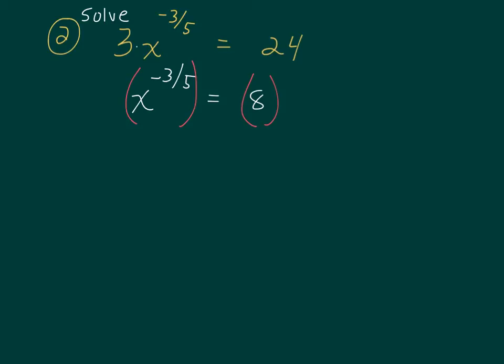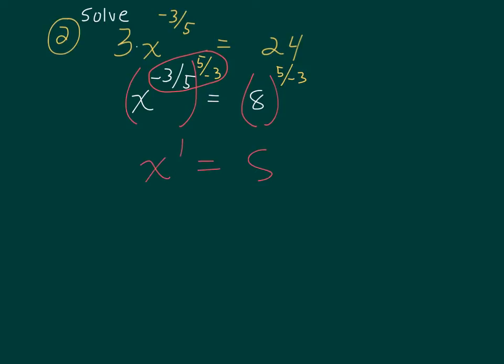So if we were to multiply by the reciprocal, which would be 5 over -3, now what I do to one side, I must do to the other side. If we raise each side to the reciprocal power, and multiplied straight across, we'd have -15 over -15, which just becomes x to the first.